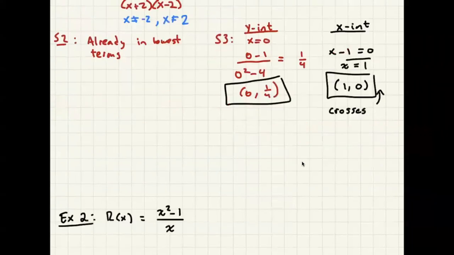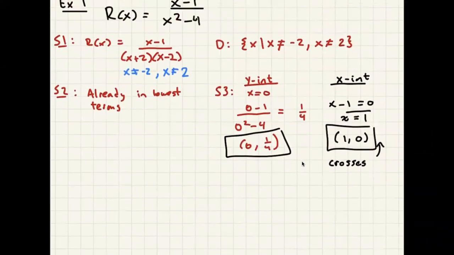All right, step 4. We're going to need a lot more space. Step 4 is to locate the vertical asymptotes. That's kind of easy. It's wherever our domain has divide by zeros, right?